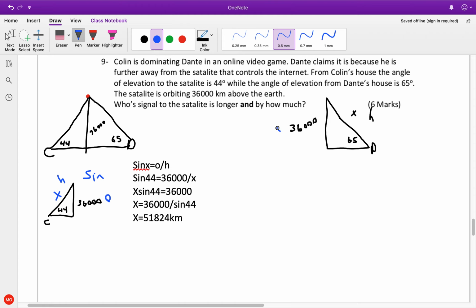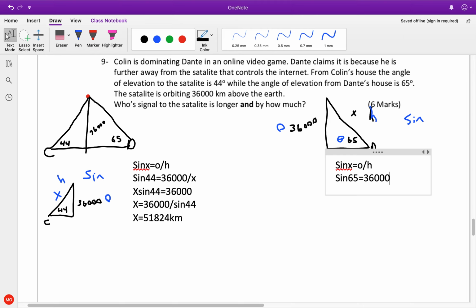We have opposite and hypotenuse, so we're going to use sine, and this here is our theta. So let's plug in, away we go. So sine theta equals O over H. So sine 65 equals 36,000 over x. Now, since we looked before, we can just flip-flop these around.